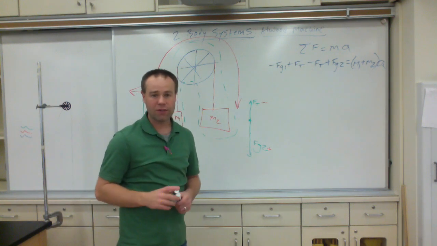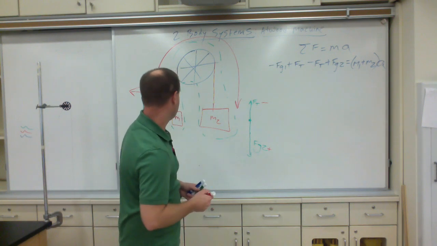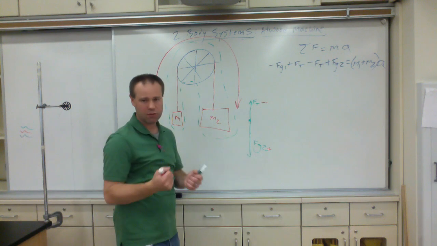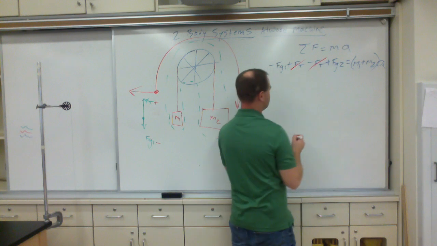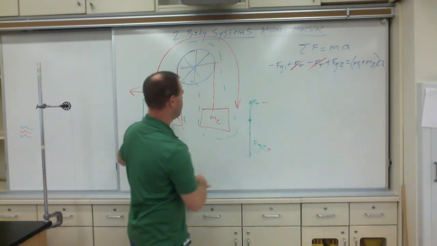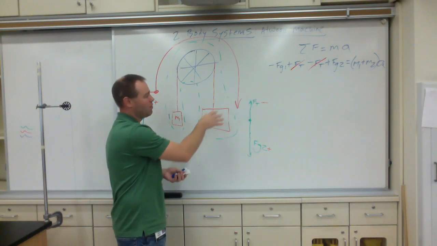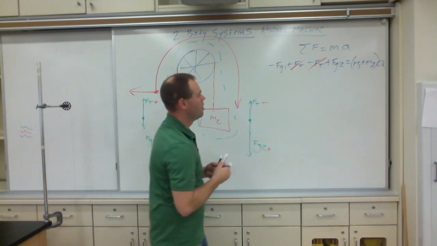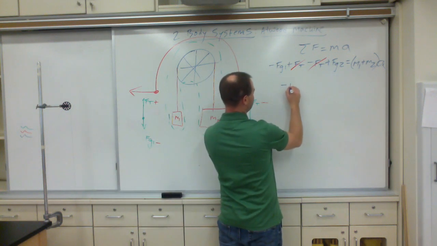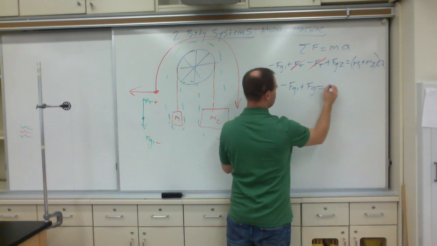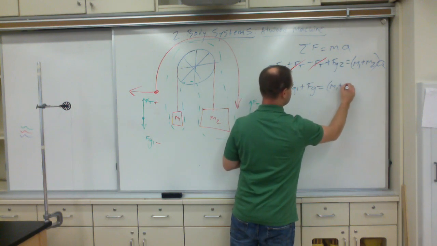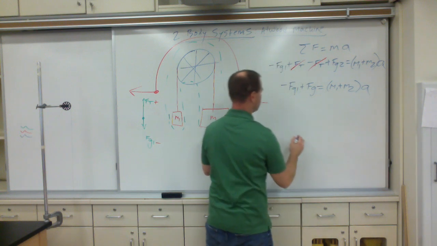Now what you notice, and you know you're doing this right, is that the force that connects the two objects cancels out. And sure enough, we see that this and this cancel out, because on one side that force is positive, but on the other side that force is negative. So this simplifies to negative force gravity 1 plus force gravity 2 equals m1 plus m2 times acceleration.